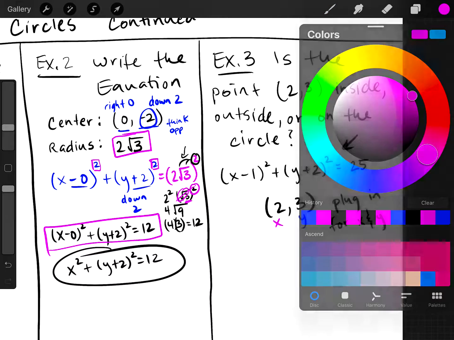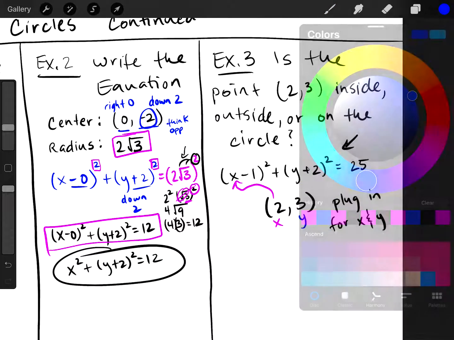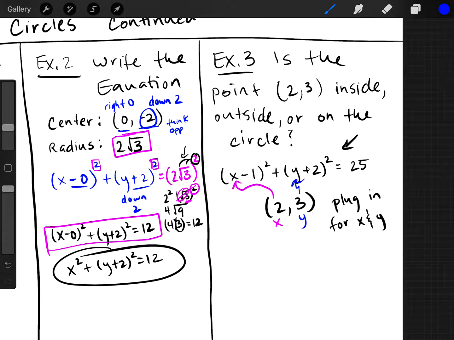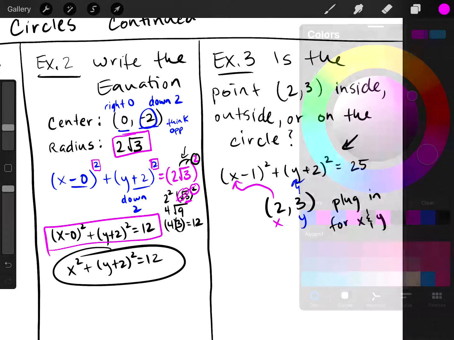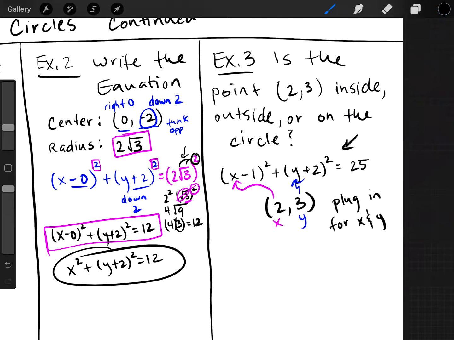So I'm going to take that point, write it down here real quick. What we can do with that point (2, 3) is plug it in for x and y. The point consists of an x value and a y value. So we're going to substitute it into the equation: x for x, y for y, and hopefully it tells us something.